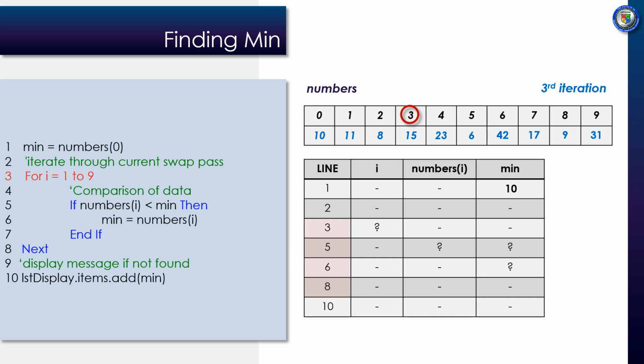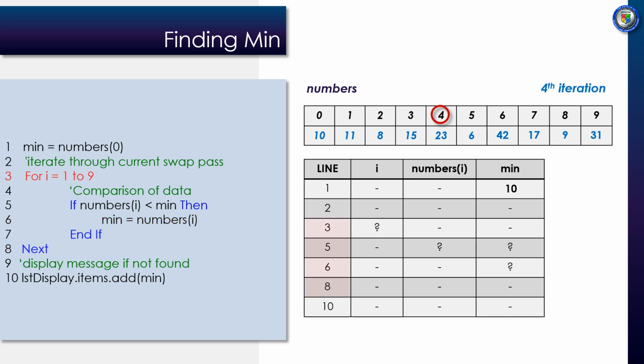Again, we traverse around the array, I incrementing to 3. In this element we have the value 15. Again, we compare that to our minimum value, which is 8. That condition is not met, therefore our minimum value remains 8.